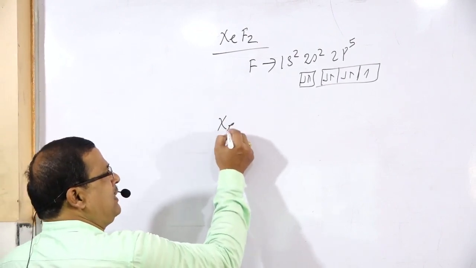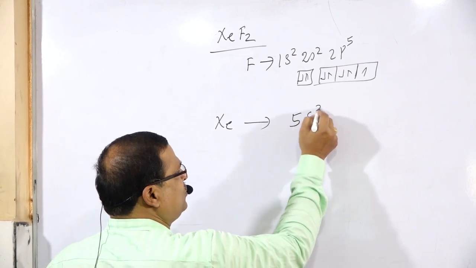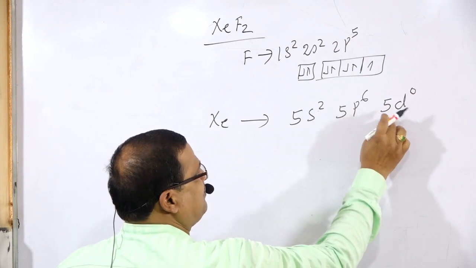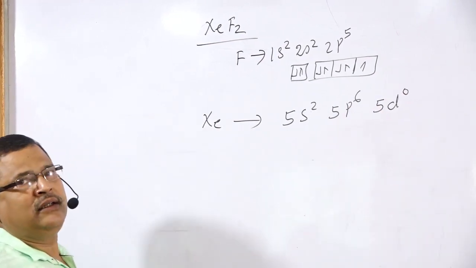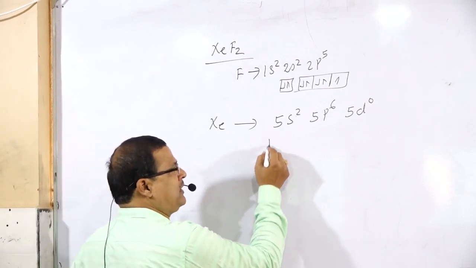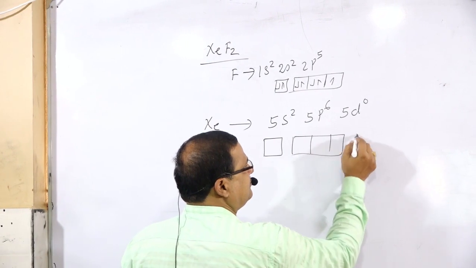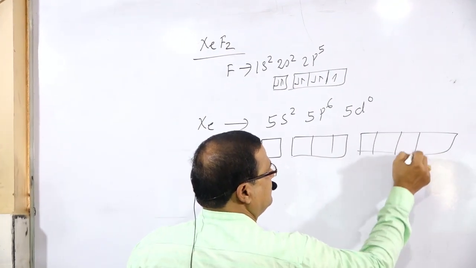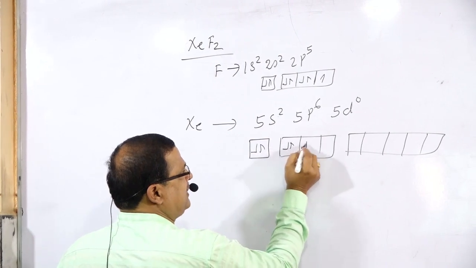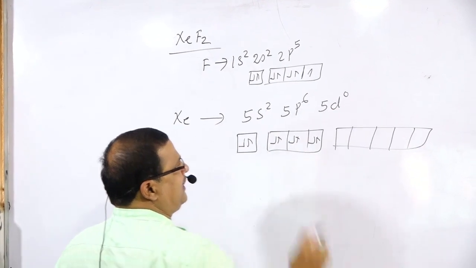If we write the electronic configuration of xenon, the outermost shell is 5s2, 5p6, 5d0. There is a vacant d orbital. Xenon has low ionization potential, therefore an electron can be promoted to the vacant d orbital. 5s2 one pair, 5p6, then the vacant orbital.